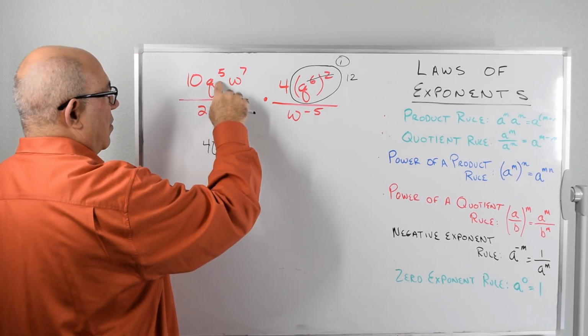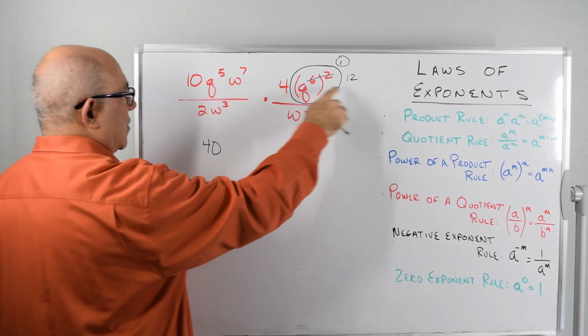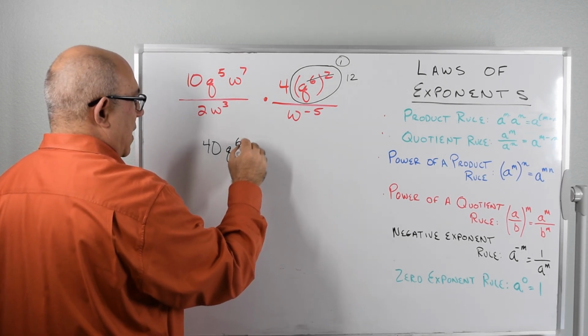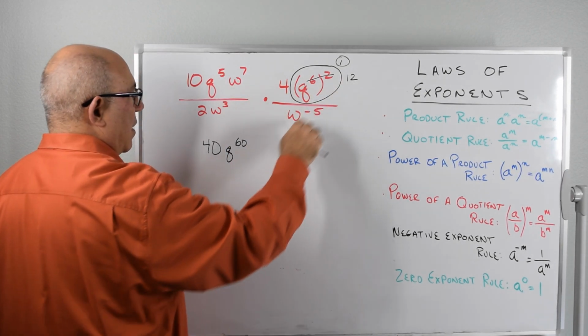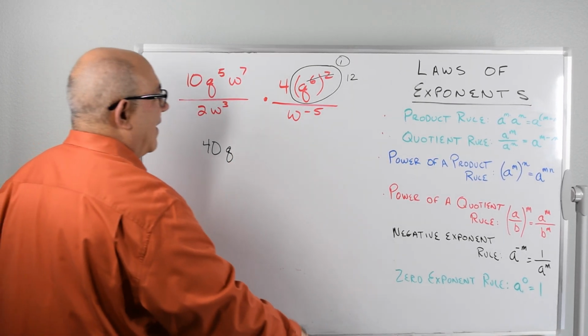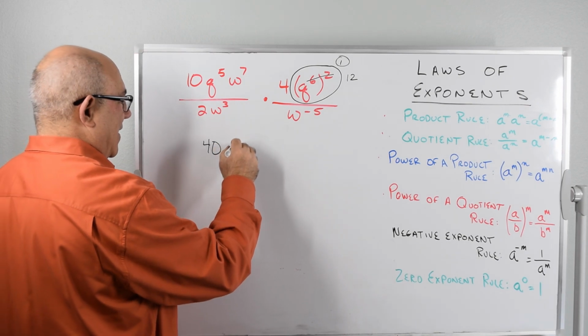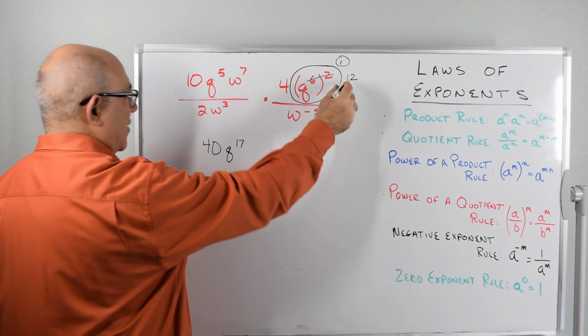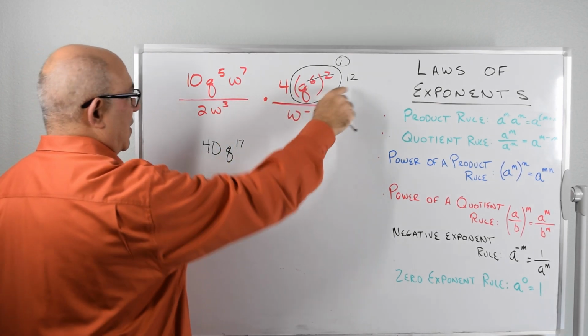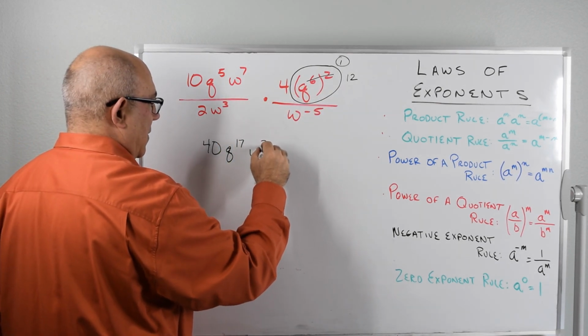And we have q to the 5th times q to the 12th, that's q to the 60th, right? We're going to add the... no, it's not q to the 60th, that's my bad. It's q to the 17th. We're going to add the exponents. And then the w just stays over there as w to the 7th.